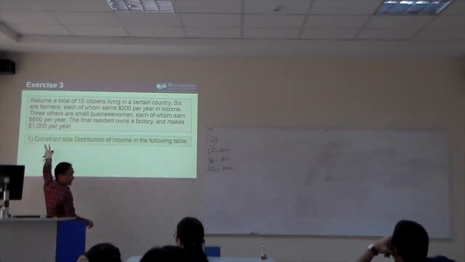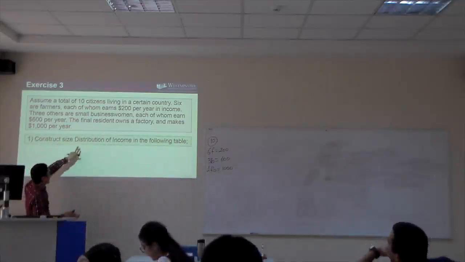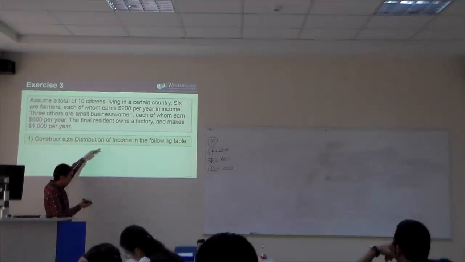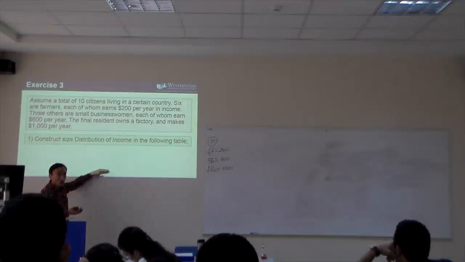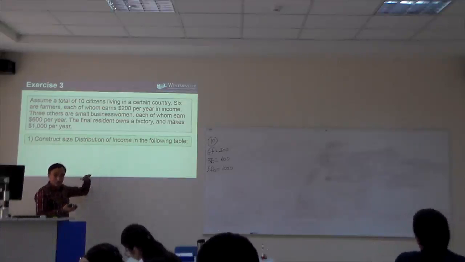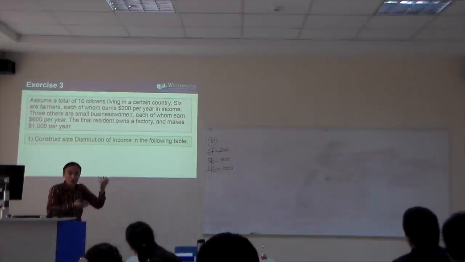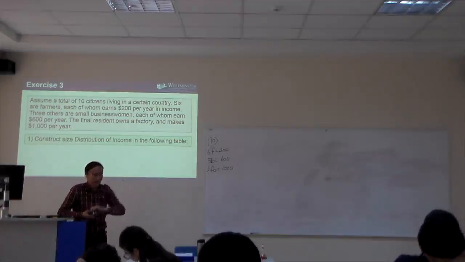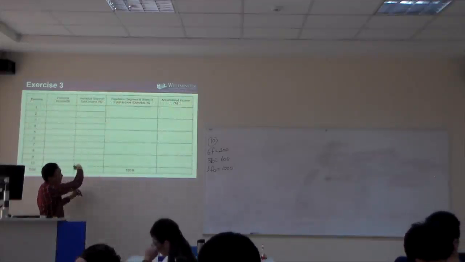So now we have to construct the size distribution of income, because later we will calculate the Kuznets ratio and we will draw the Lorenz curve. To calculate that inequality index, we need that data table first. So we have to construct this table.